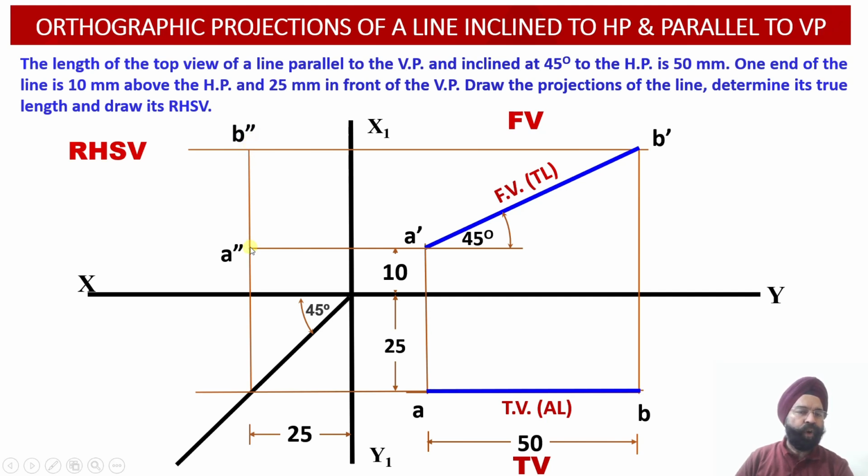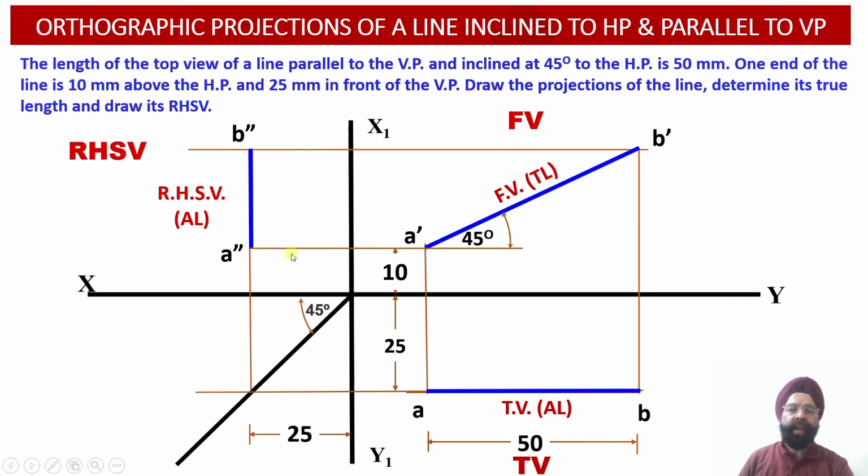A double dash had already been obtained, and B double dash has now been obtained. Now we can join A double dash with B double dash. This provides us with the apparent length representation of the line AB in the right hand side view projections, that is A double dash and B double dash.